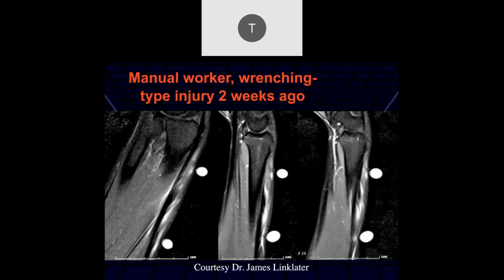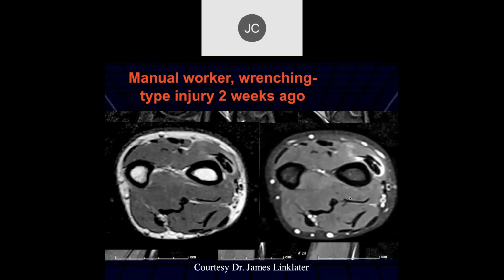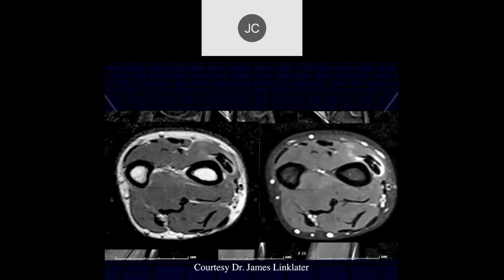There's some fluid in the tendon sheaths, so I'd also be worried about proximal intersection. Yeah, and then here you can see where the two skin markers are showing the distal and proximal aspect of the patient's symptoms and pathology. And if we go to the axial images, you can see the fluid surrounding the intersection of the two groups of tendons. And again, that's acute intersection syndrome.